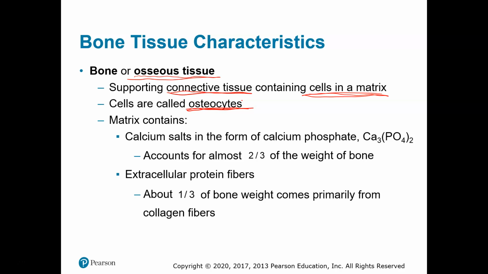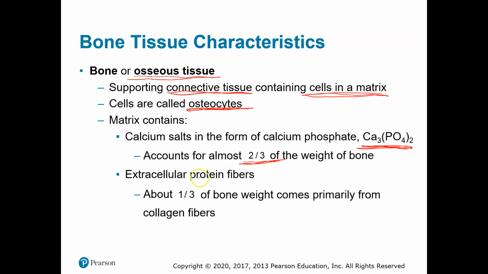which means bone cell. The matrix of bone tissue contains calcium phosphate, which is a calcium salt, and that calcium phosphate accounts for almost 2/3 of the weight of the bone. That calcium phosphate is going to form the cement-like or hard substance of the matrix.